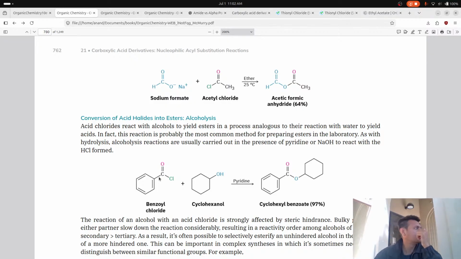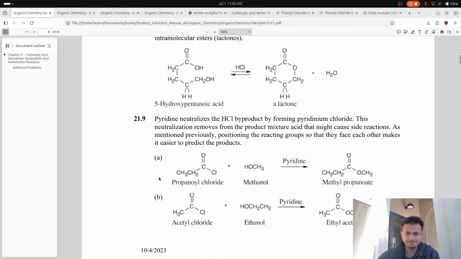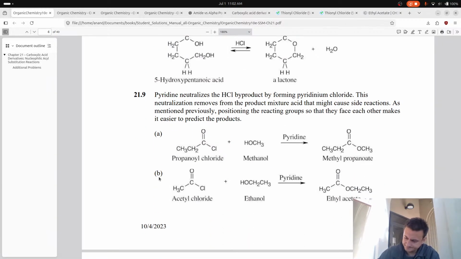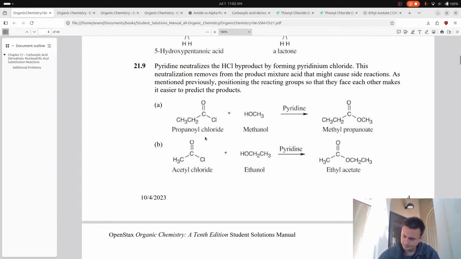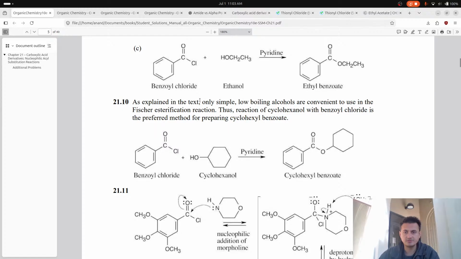So, I guess let me just look at the answer. Oh yeah, I forgot the pyridine. Propanoyl chloride, methanol, pyridine. Acetyl chloride, ethanol, pyridine. Benzoyl chloride, ethanol, pyridine. Explaining the text, only simple low boiling.